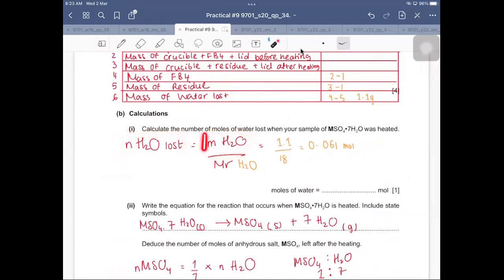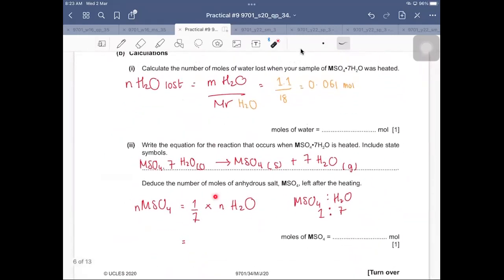If this number is decreasing, our number of moles of H2O increasing or decreasing? It will also decrease because they are proportional to each other. So if the number of moles of H2O decrease, what happens to the number of moles of metal sulfate? Decrease as well.